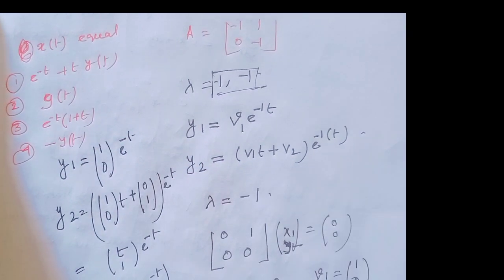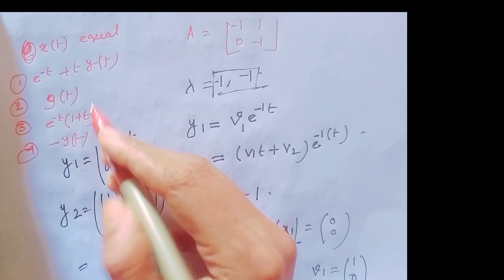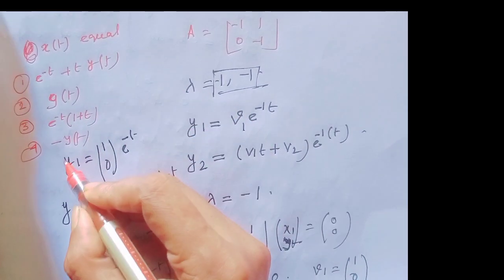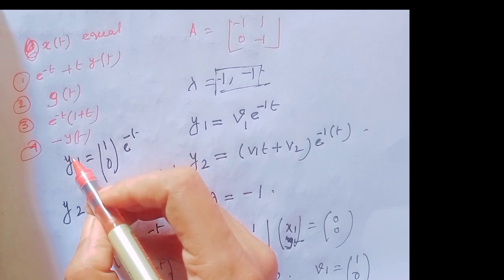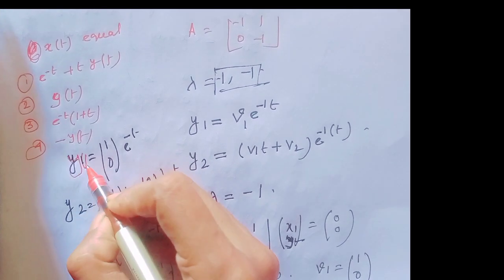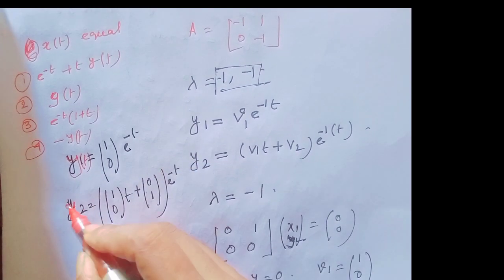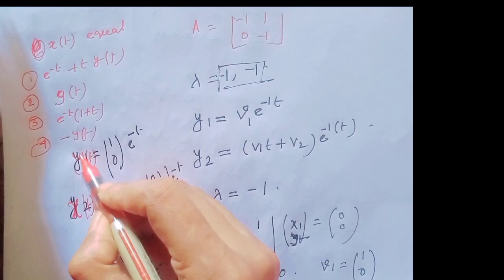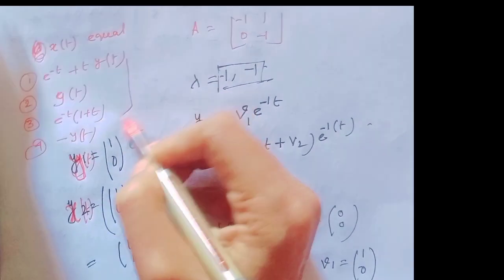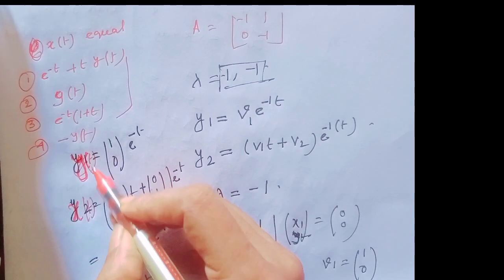For this, since here it is y(t), not y1, y2, consider this is y(t) and this is x(t).